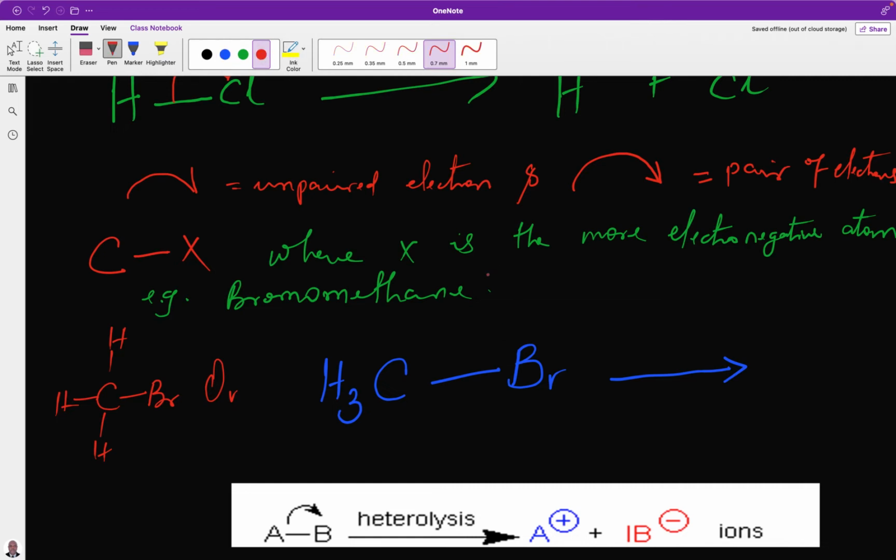Because bromine is more electronegative than carbon, the curly arrow will move like this.